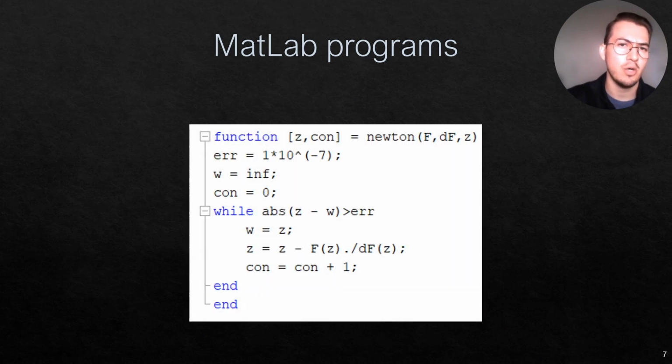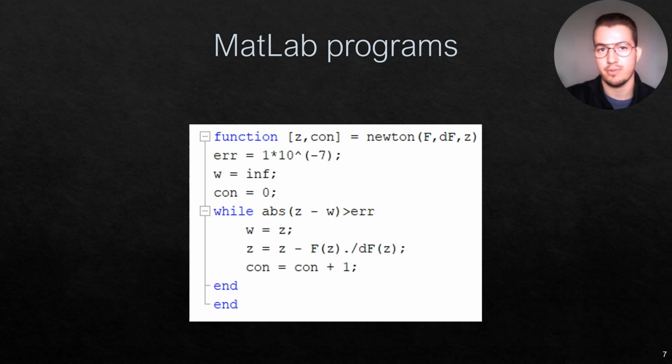This provided code is a function that implements the Newton-Raphson method by finding the root of a function. This numerical method is used to find the values of z that make f of z equal to 0. The function takes three input arguments: the function, its derivative, and the initial guess.